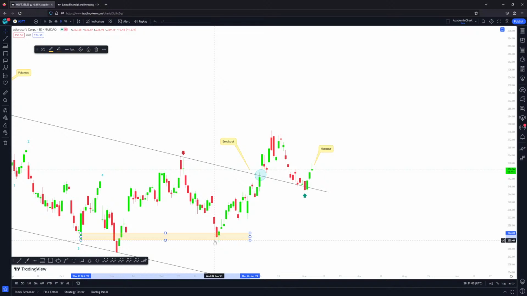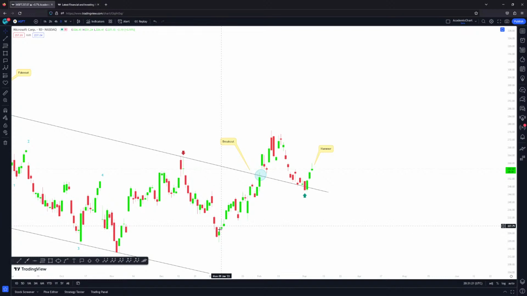Also you need to understand that this was an ABC, and at the end of this C, you need to make sure that this is the end of the C. Okay, it is on the support zone. Maybe you need to use Fibonacci extensions to check that out. But in the end, you can confirm.